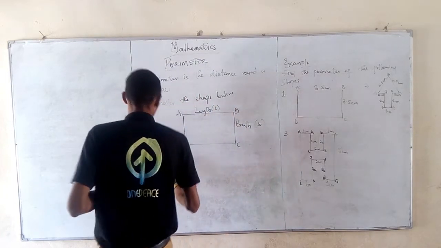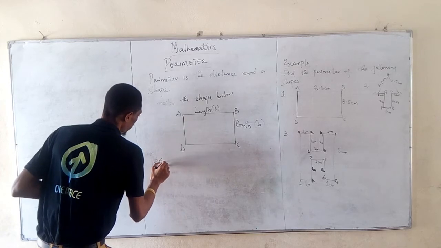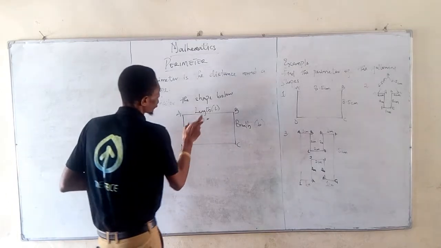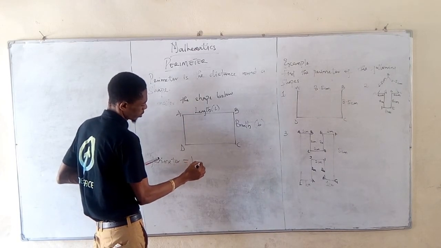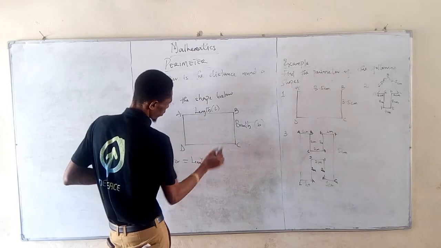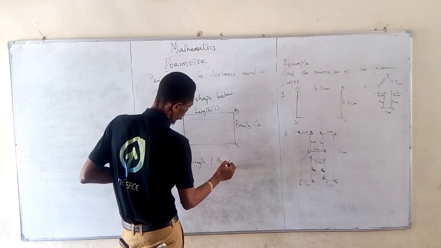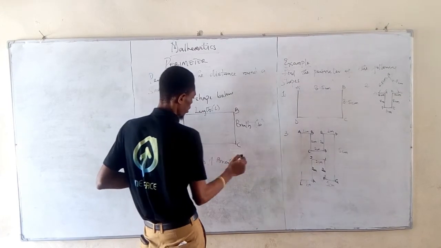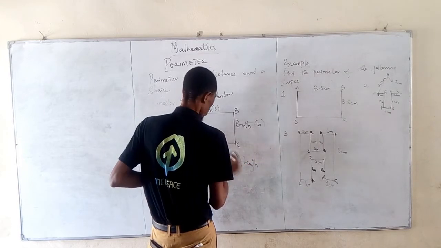Okay? So perimeter. I said perimeter is the distance around the shape. Perimeter is equal to this length plus this breadth plus this length plus this breadth.